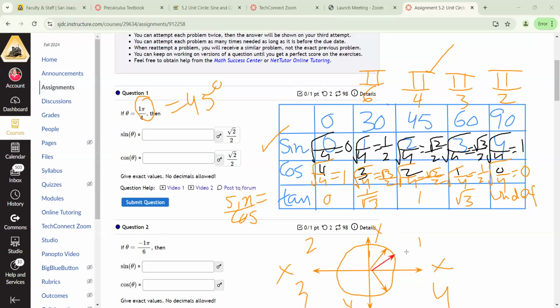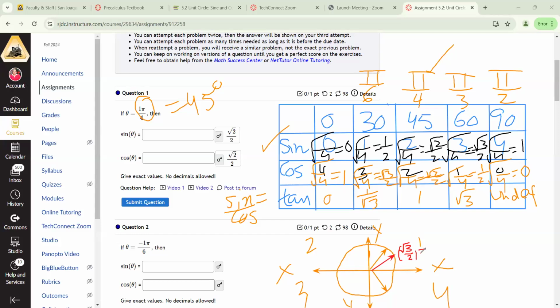Cos 30 value is square root 3 over 2, sine 30 value is 1/2. So I am going to write those two here, that cos 30 value is square root 3 over 2, and sine 30 value is 1/2.